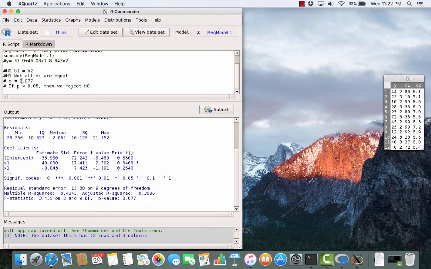And we will fail to reject H0. Very dramatic. So, nothing too interesting here.